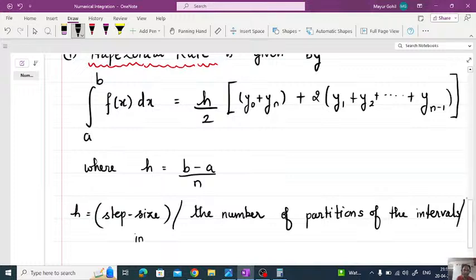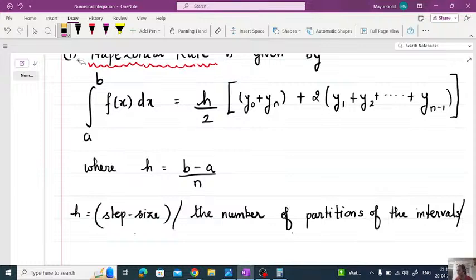You can also remember it like this: in how many parts the interval is divided. This would be the number of partitions of interval n.